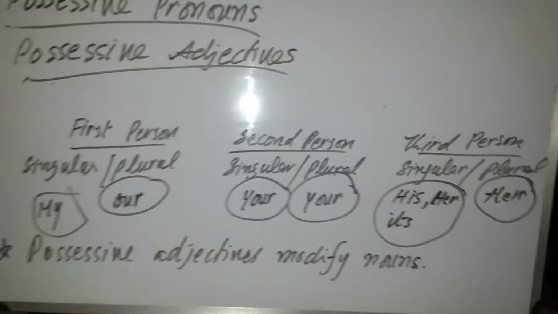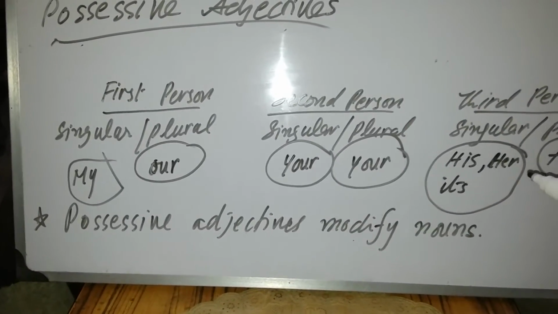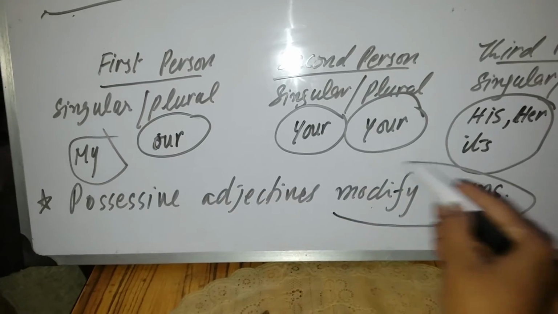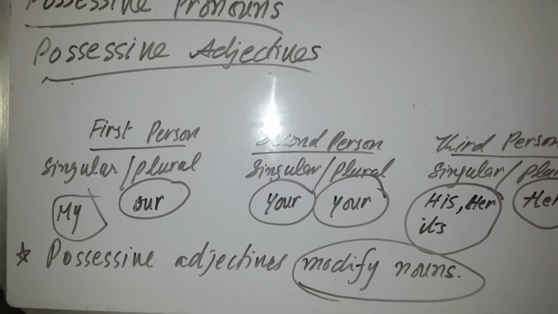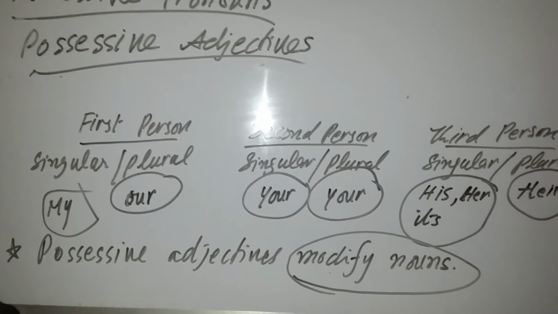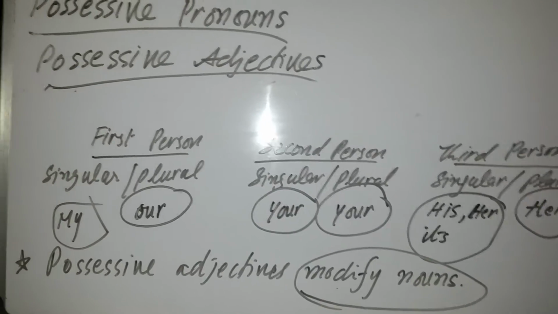Now these are all possessive adjectives, adjective pronouns. Possessive adjectives modify nouns. As I taught you earlier, independent possessive pronouns don't need any noun to be written after them, so they are called independent possessive pronouns.